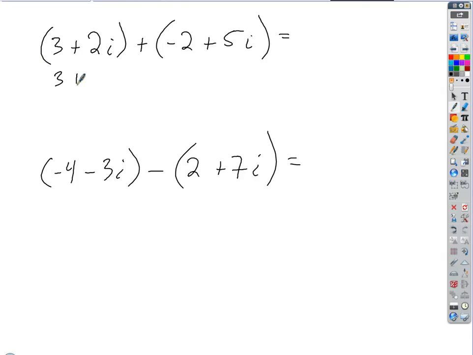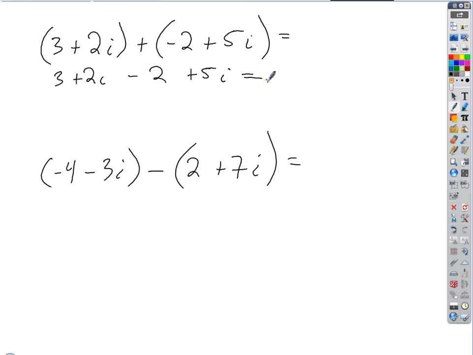So we would just write this as 3 plus 2i plus another complex number. Well, if I'm adding something, it's the same as adding 1 times that quantity. So I can get rid of those also, right? So I'm just going to get 3 plus 2i plus negative 2, which is really just minus 2, plus 5i.